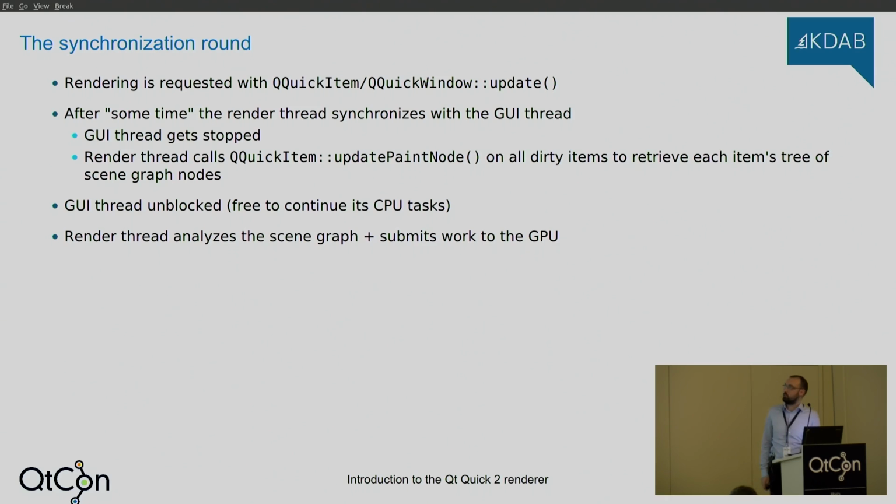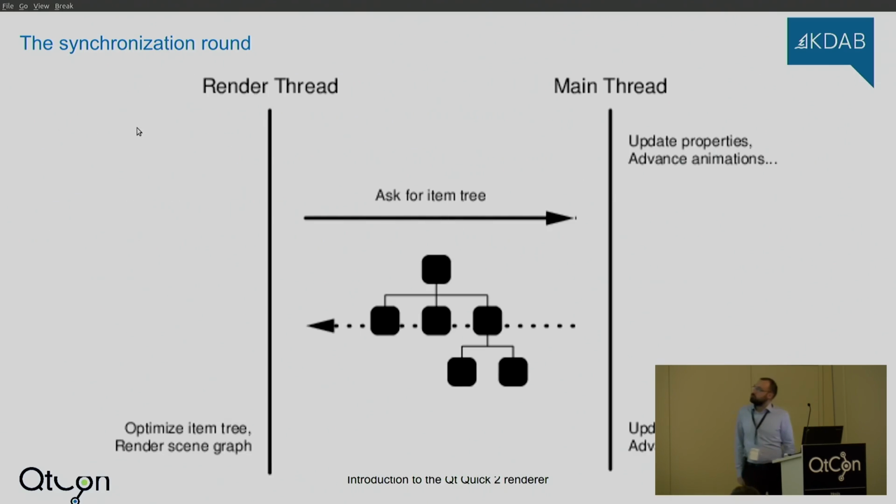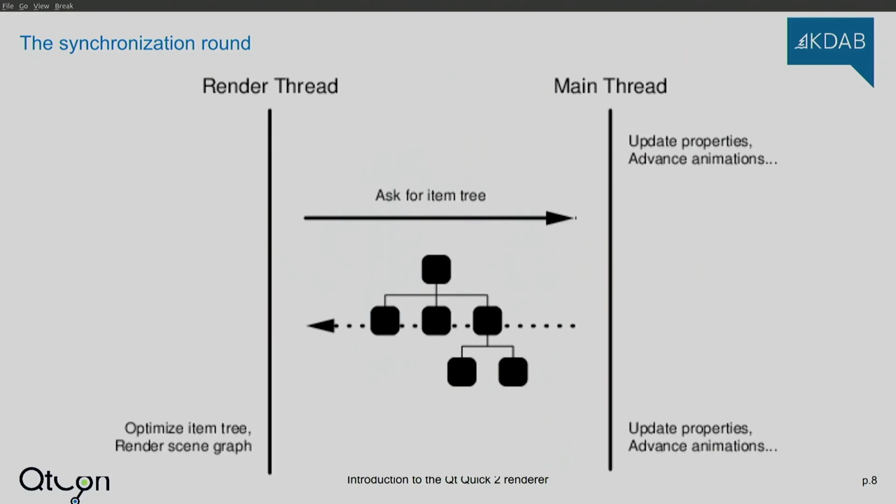How can you use this story? Oh, sorry, there's a picture here. It looks more or less like this. The render thread asks the main thread for the scene graph tree. That's returned. And after these exchanges happen with the main thread stuck, the render thread submits work, and the main thread is free to go ahead and do whatever CPU-side task you want to do.